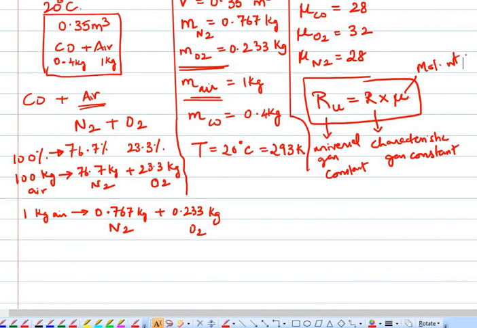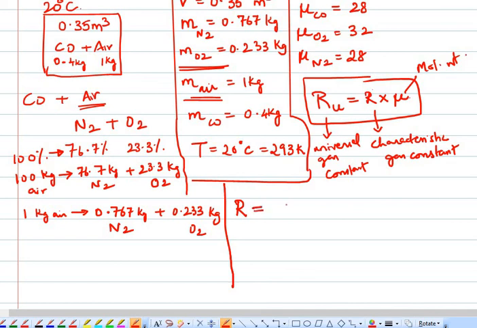So in this problem the characteristic gas constant is not given, so for each of the gases I have to find what is the R value. The product of R and molecular weight is same for all the gases. In this problem I have to find what is the R value for oxygen, nitrogen and carbon monoxide.